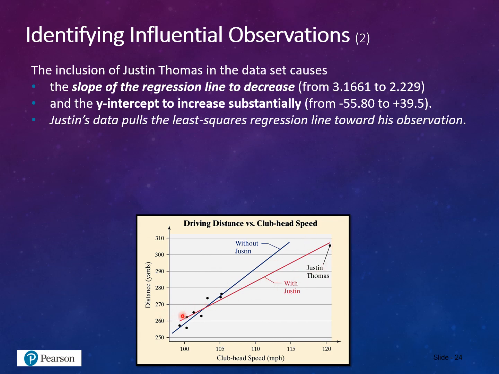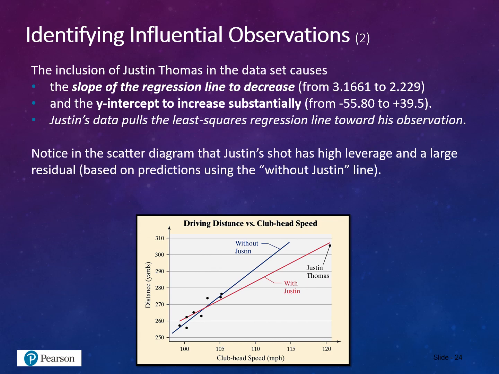You can see that this new regression line now moves much closer to his point. Notice in the scatter diagram that Justin's shot has high leverage and a large residual based on predictions using the without-Justin line. Therefore, Justin's data point is indeed influential. High residual, high leverage.